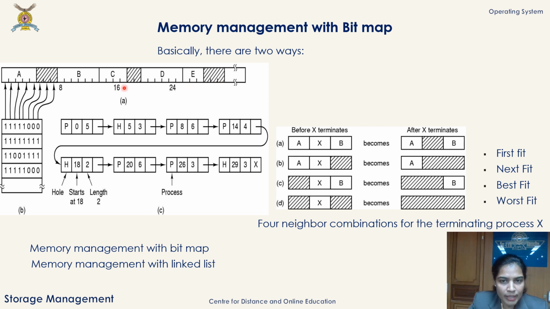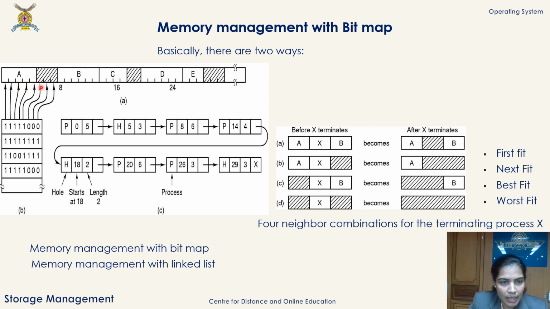The size of an allocation unit varies from a few words to several kilobytes. For each allocation unit, there is one bit in the bitmap table. If the bit is 0, the allocation unit is free. If it is 1, the allocation unit is occupied. It is not free.